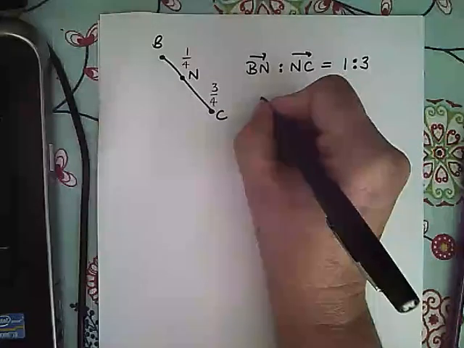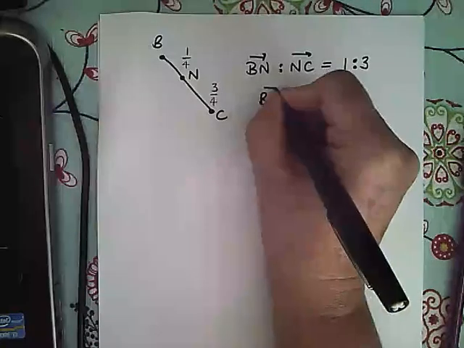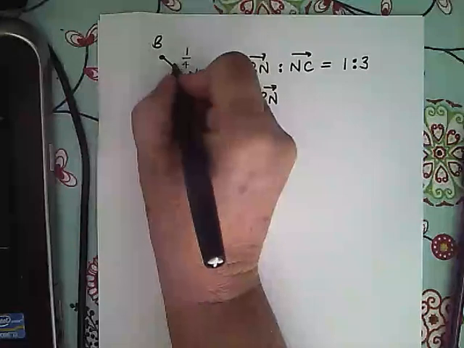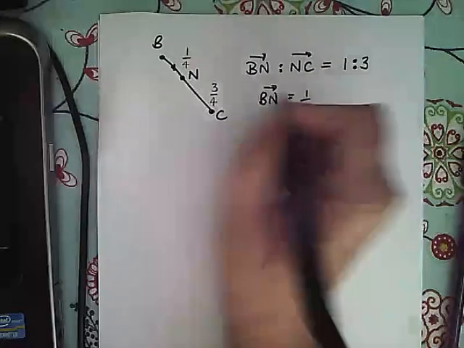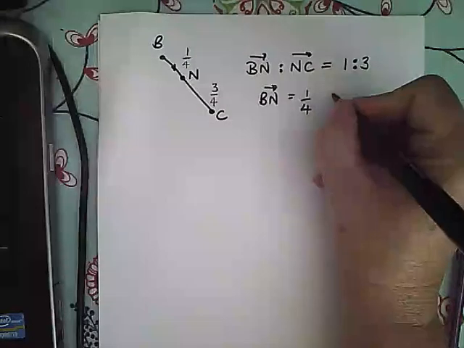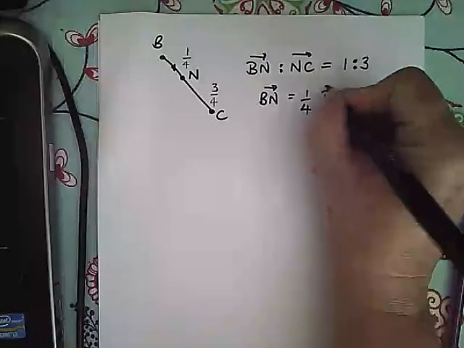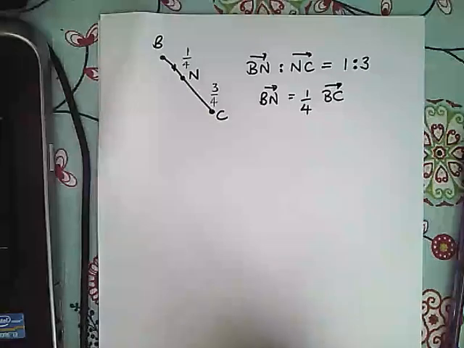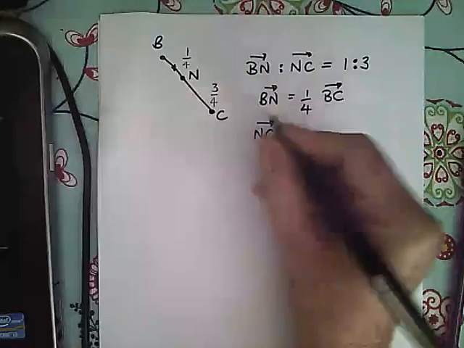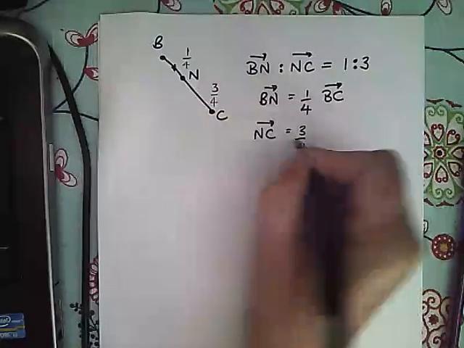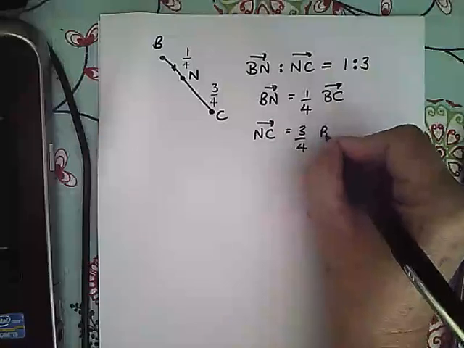So BN, this distance here, going this direction, is equal to a quarter of the whole distance from B to C. And similarly, N to C, so the vector NC, is equal to 3/4 of the distance BC.